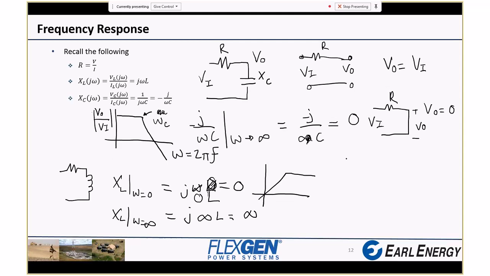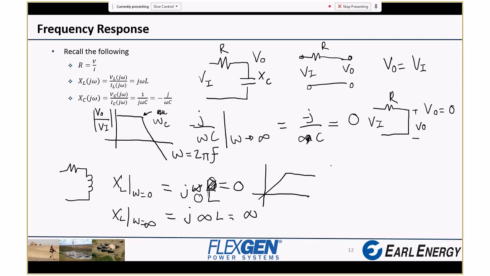In power converters, we will combine the two. We won't use a resistance in the output of our power converter because that's a loss. Remember, inductors and capacitors are ideally lossless elements.